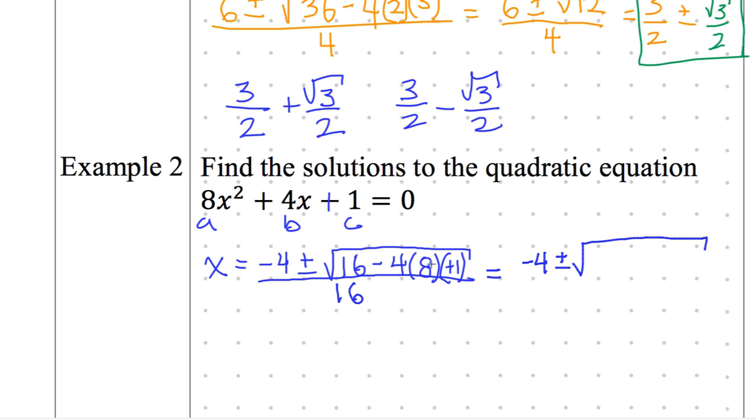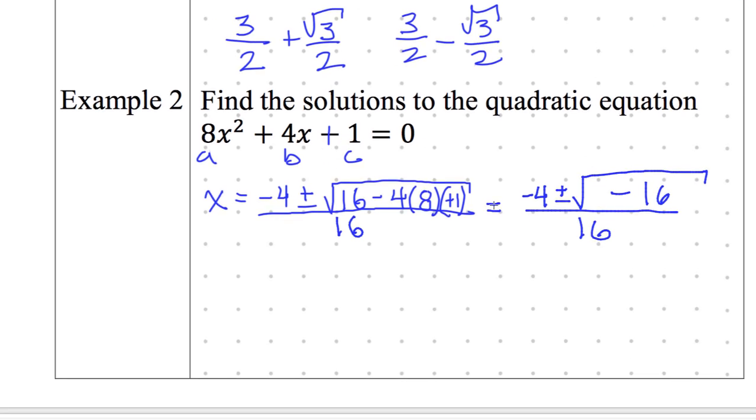So -4 times 8 is -32. Or it's 32, and then 16 minus 32 is, yep, -16. So I have a -16 on the inside here. That's all going to be divided by 16, and this actually worked out better than I thought, as long as that is a positive one.